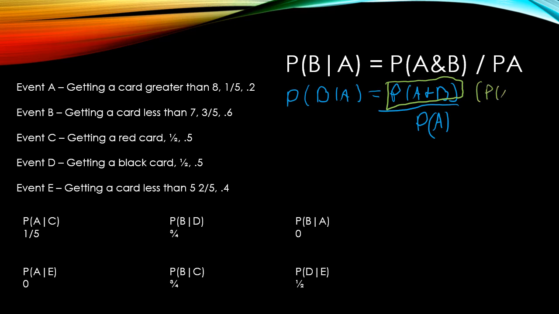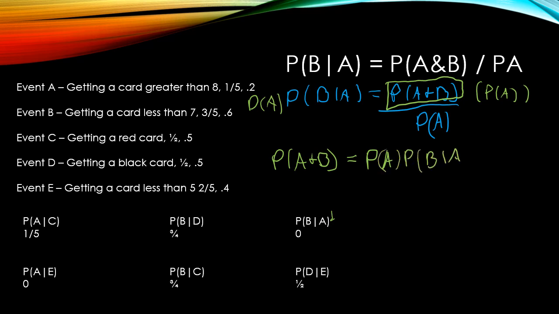So we multiply each side by the probability of A, and we get that the probability of A and B together is the probability of A times our conditional probability of B given A.